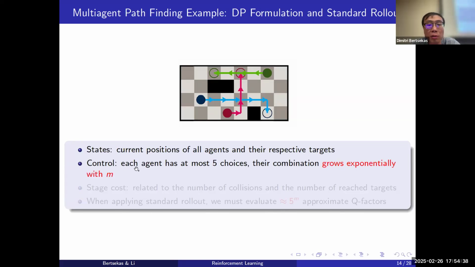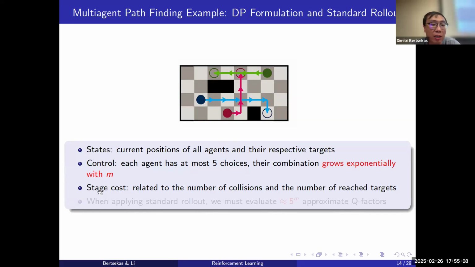And the control, as mentioned earlier, each agent has at most 5 choices. Their combination can grow exponentially with m. Now, next is a design choice, whether or not you want to encode collision as a hard constraint or make it part of the cost.